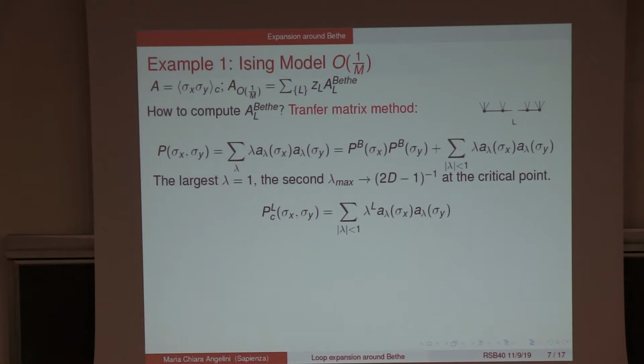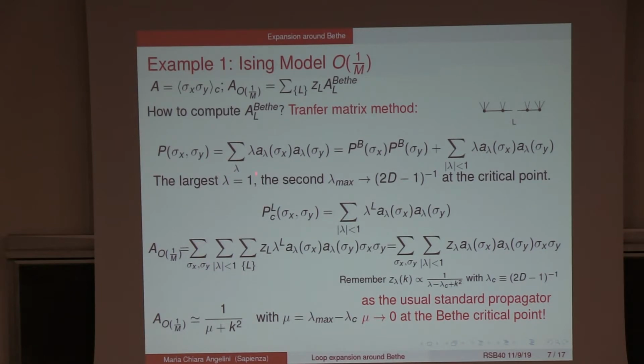But then I say that I want a connected correlation function, so I can compute the connected joint probability distribution just by removing the Bethe-Bethe term. That's because the Bethe-Bethe term considers the spins as independent, so if I remove this term, I have the connected joint probability distribution for two spins.